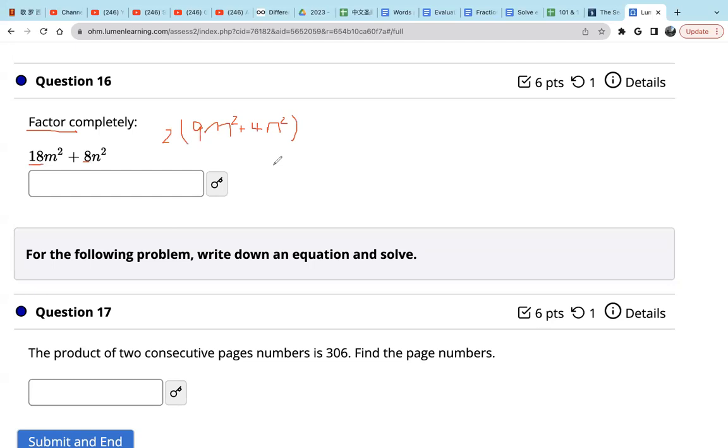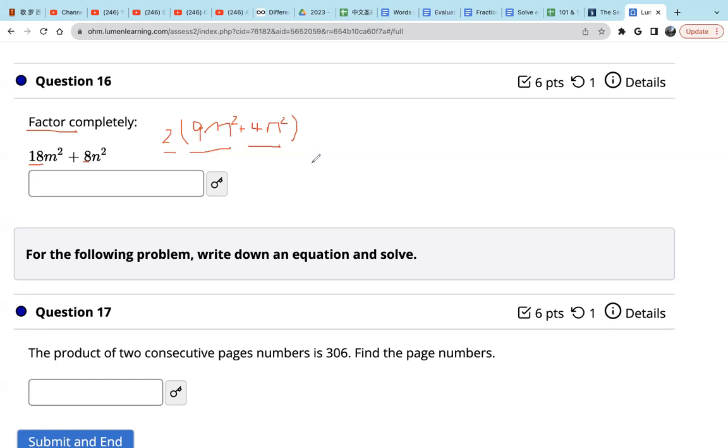If this is not exam 1, if it's exam 3 or 4, we are able to factor this using complex numbers. But for the first exam, we haven't learned complex numbers yet. So that's the answer: 2 times (9m squared plus 4n squared). This is factoring in the real number world.